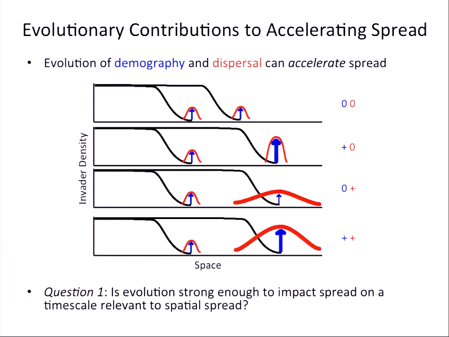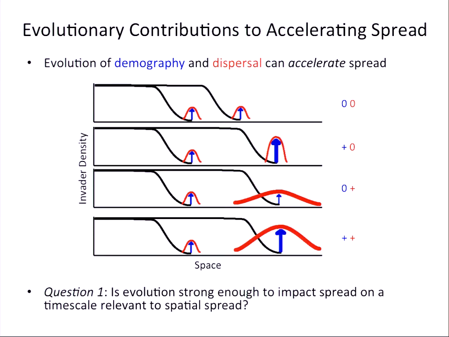Linking this back to rapid evolution, it turns out that both demographic and dispersal traits are subject to evolution, and the effect that we might expect these to have on spatial spread is to increase it. If there are adaptive increases in demography at the invasion front, we expect greater demographic increases and farther spread, likewise with more extensive dispersal. And of course, if both reproduction and dispersal are increasing at the invasion front, we might expect even more rapid spread. So this is just a general phenomenological expectation.